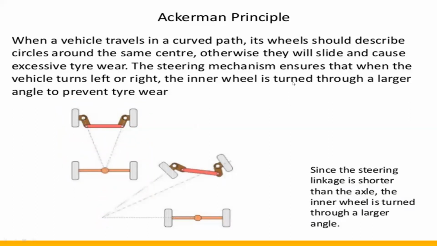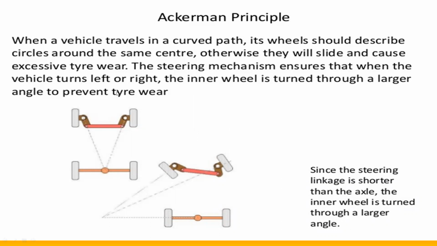The steering mechanism ensures that when the vehicle turns left or right, the inner wheel is turned through a larger angle to prevent tire wear. When a large vehicle turns to the left side of the road or the right side of the road, the inner wheels are turned through a larger angle.